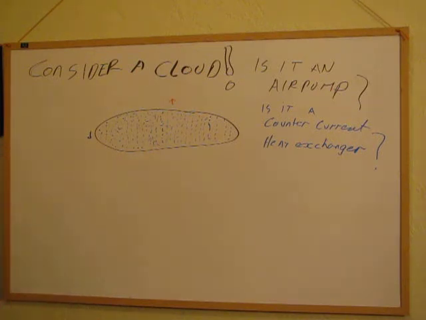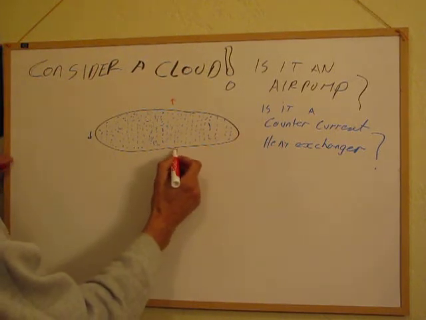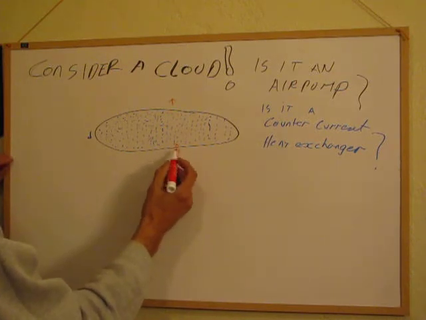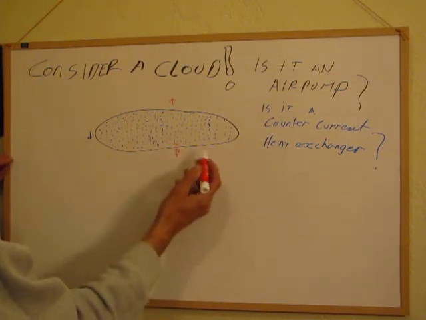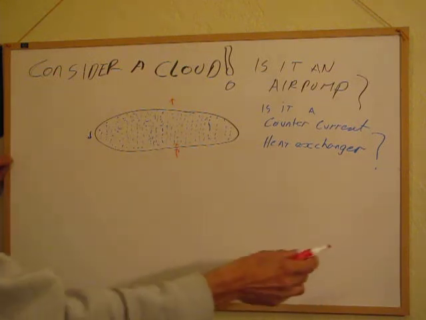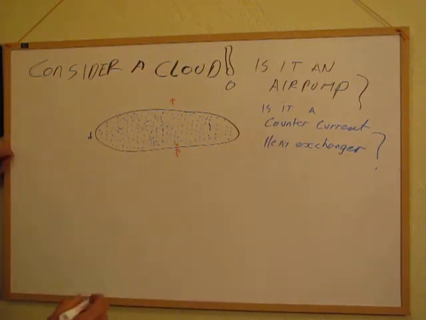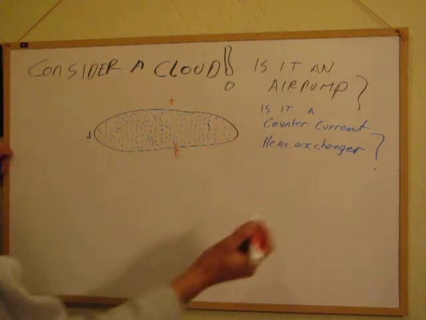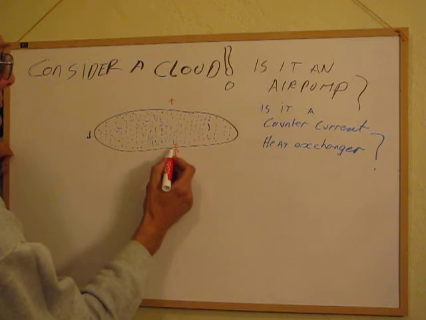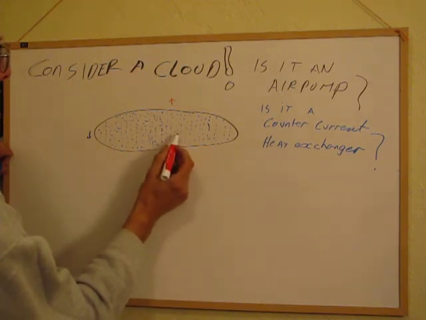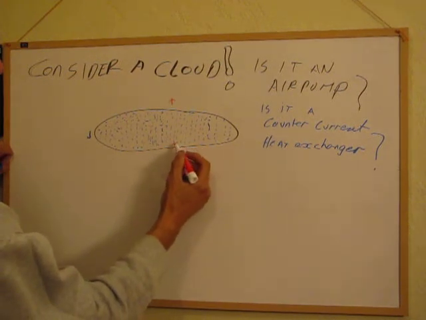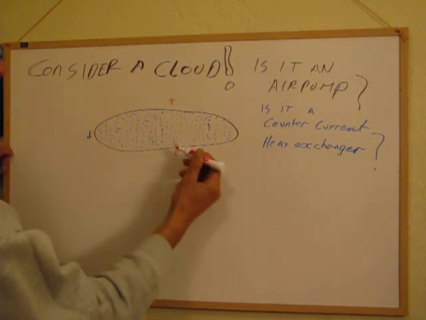So you can imagine air down here passes into the cloud. This air contains water vapor. All the air around this cloud contains water vapor, maybe the same amount of water vapor, maybe even more. And so this air goes up through the cloud, it passes the droplets of water, and as it goes up, it expands.